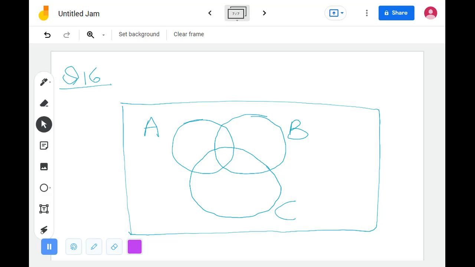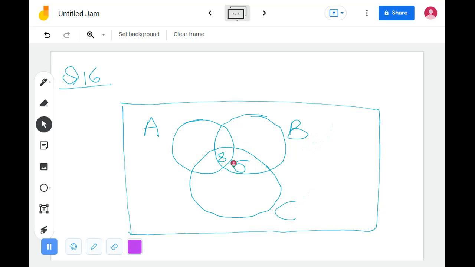Now 8 like all the three products, so we write 8 in the center. Then 14 people like B and C. This is the intersection of B and C. Now 14 minus 8, what we get is 6.